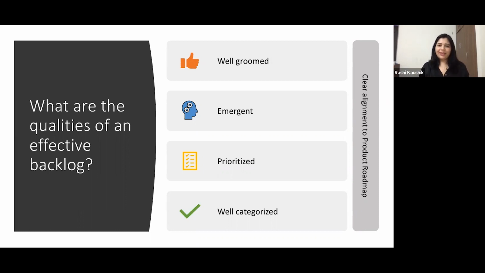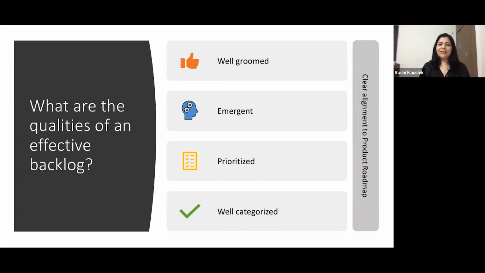The other important aspect is it's emergent, which means it's not rigid, it's organic and dynamic in nature. So you should be able to add, remove, modify items as and when required. Then the items in your backlog should be arranged in order of priority, meaning what goes first and what goes next.